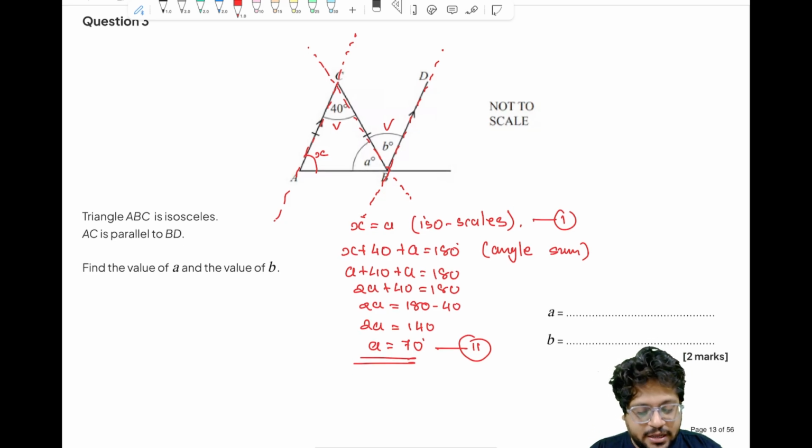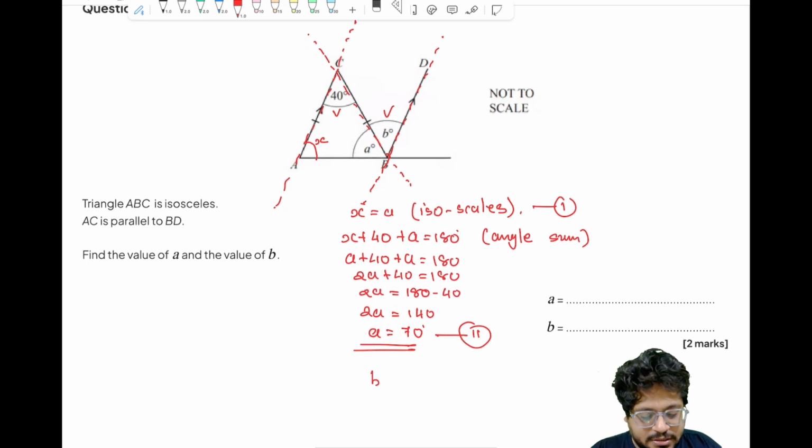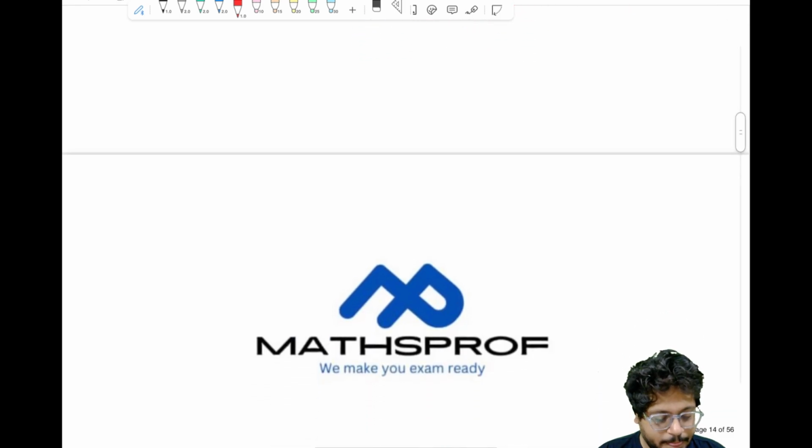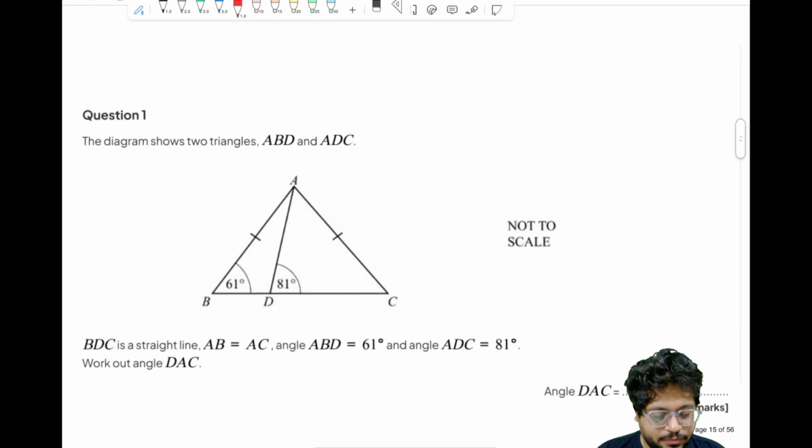So I can write here that B is directly equal to 40, and the reason is alternate interior angles. Alternate interior angles are equal only when two lines are parallel, otherwise not. So this is 70 and this is 40, we found that. Clear?